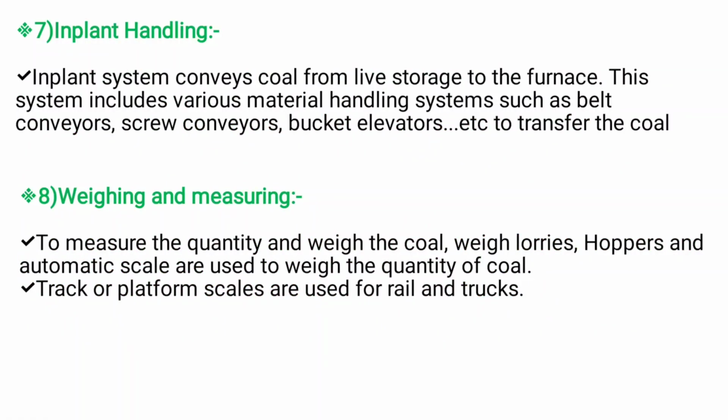In-plant handling. The in-plant system conveys coal from live storage to the furnace. This system includes various material handling systems such as belt conveyor, screw conveyor, and bucket elevators. Weighing and measuring. To measure the quantity and weigh the coal, weighing larries, hoppers, and automatic scales are used.